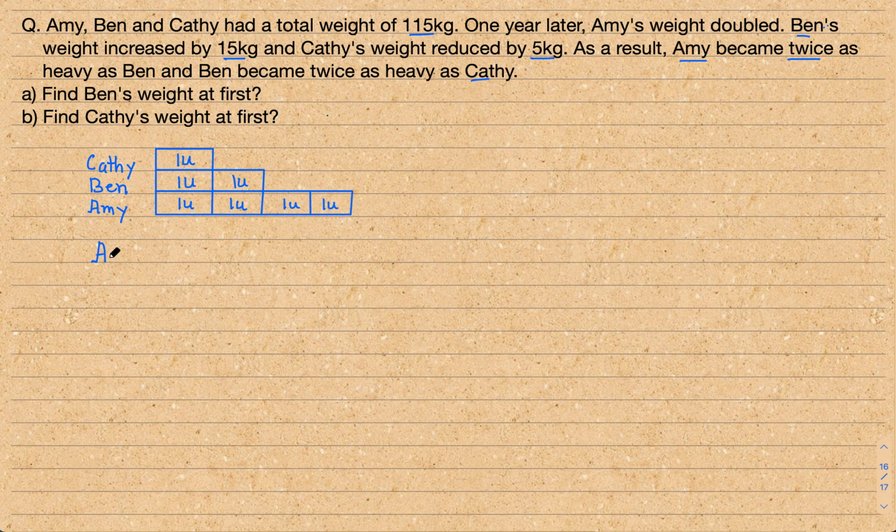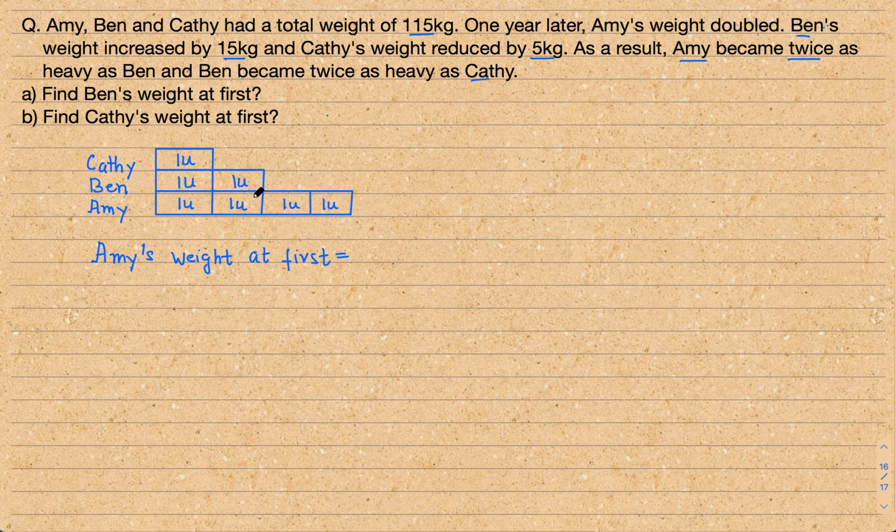So let's find out Emmy's weight at first, right? So what do you think? How much was her weight at first? See, in the second sentence itself it is written, 1 year later, Emmy's weight doubled.